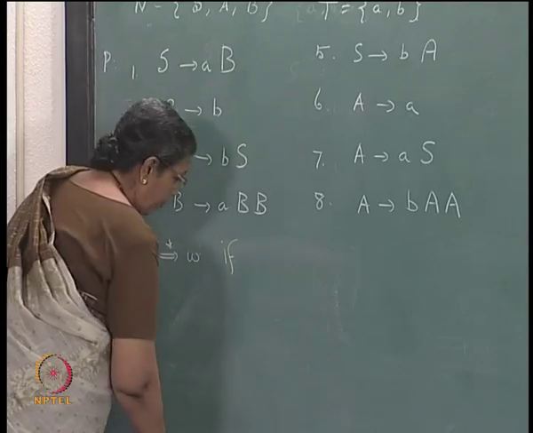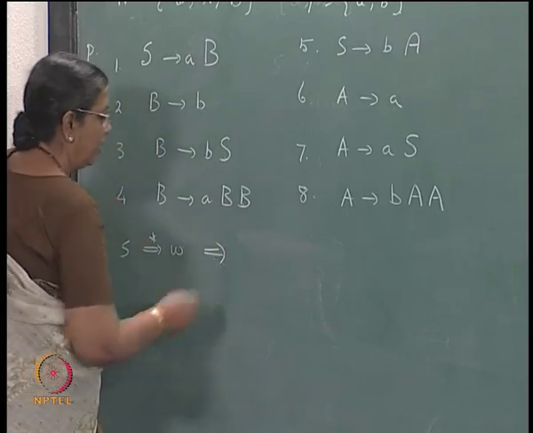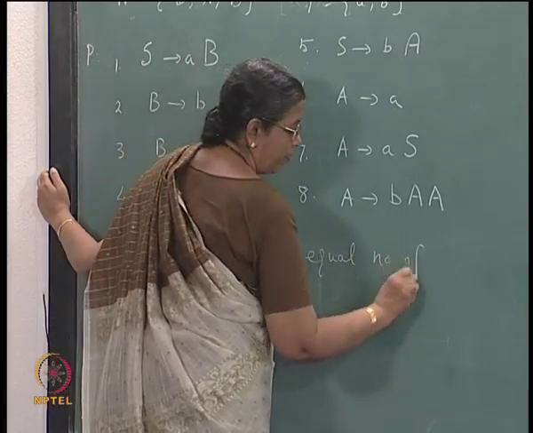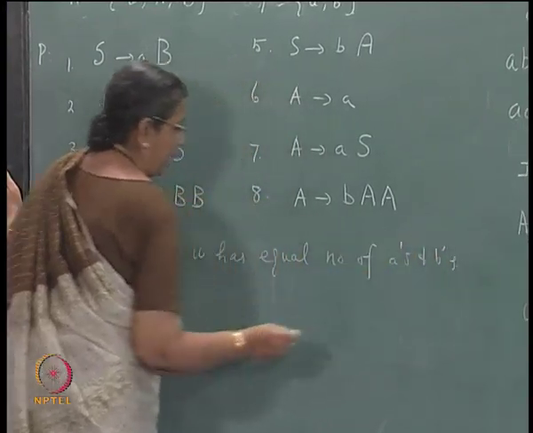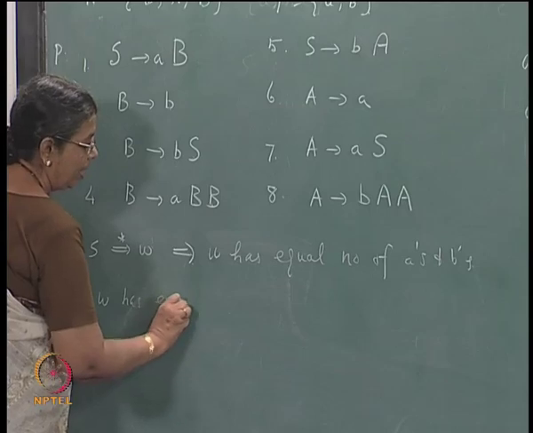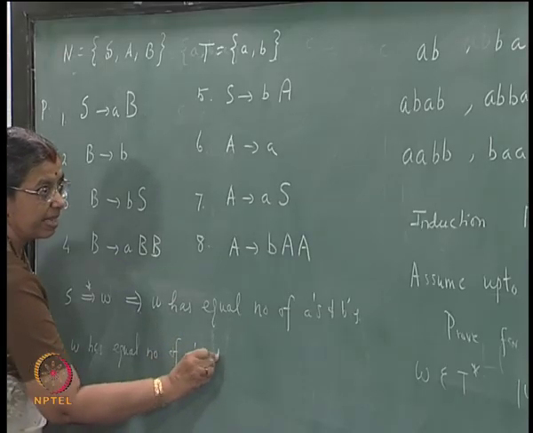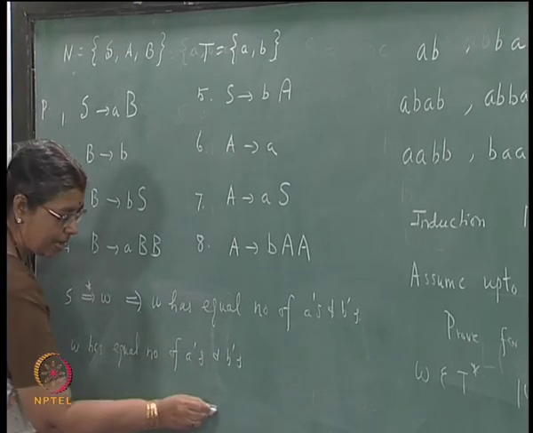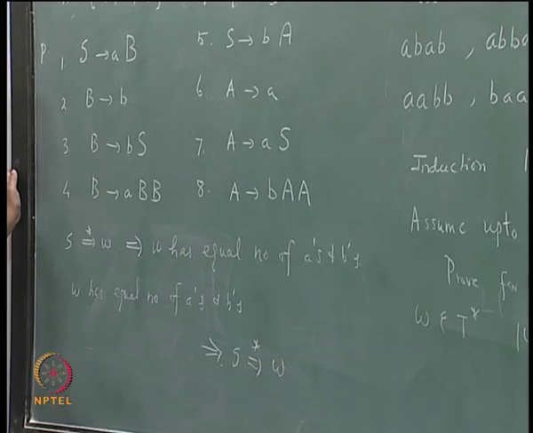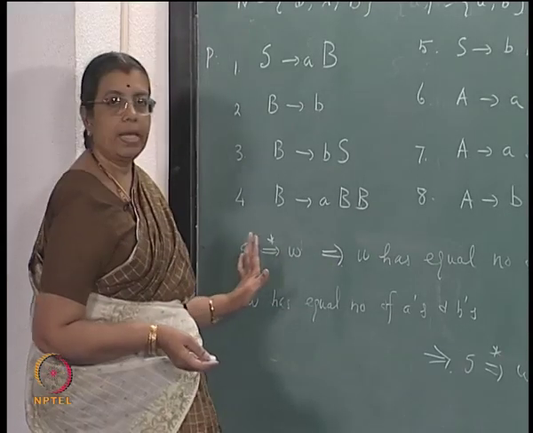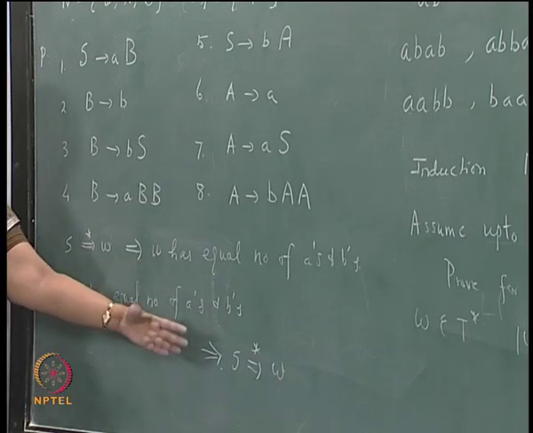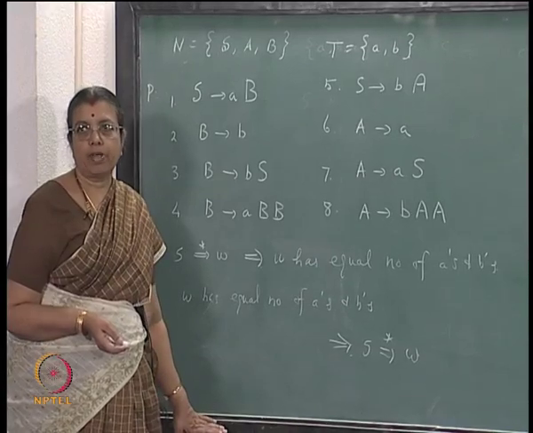If S derives W, then W has equal number of A's and B's, and the other way around, if W has equal number of A's and B's, then it is possible to derive W from S. You have to prove two ways, in two directions. Both ways you have to prove.